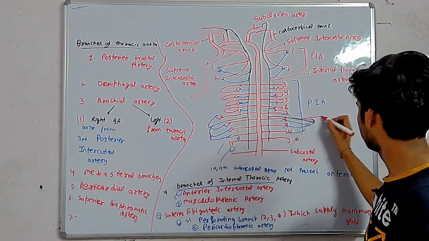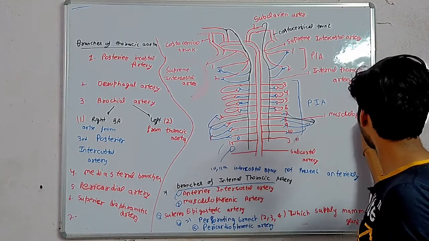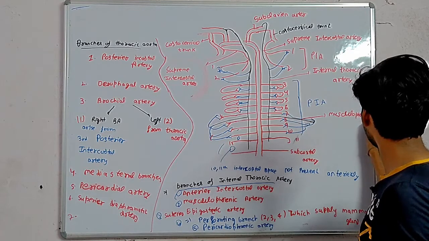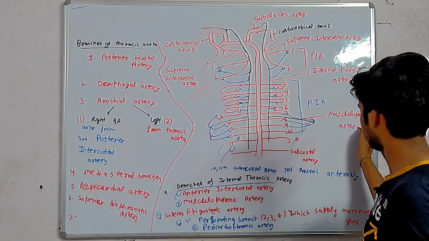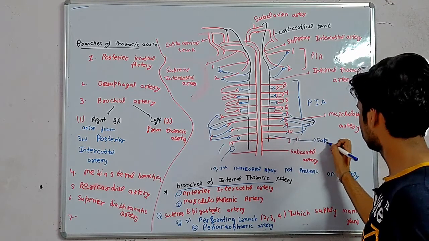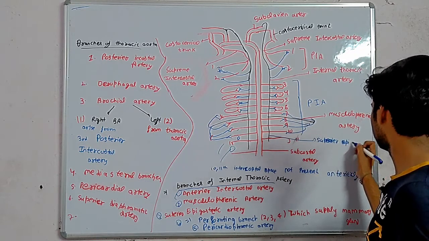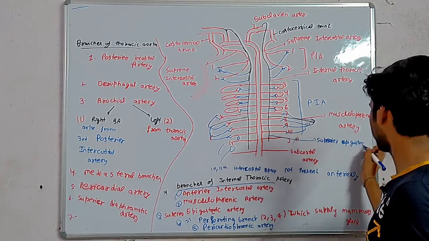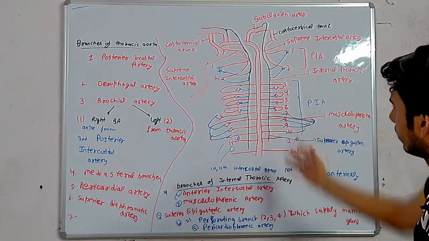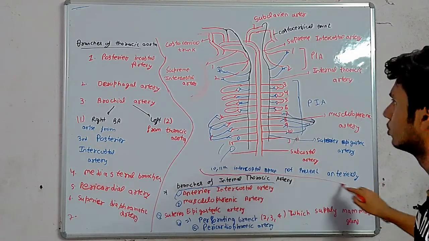This is the musculophrenic artery, phrenic artery. This is the superior epigastric artery. Done. These are the main arteries supplying. So first note this.